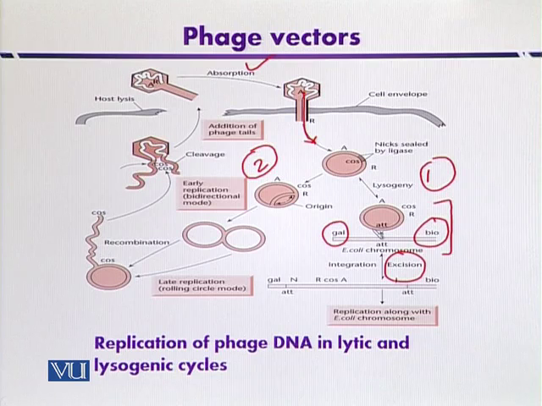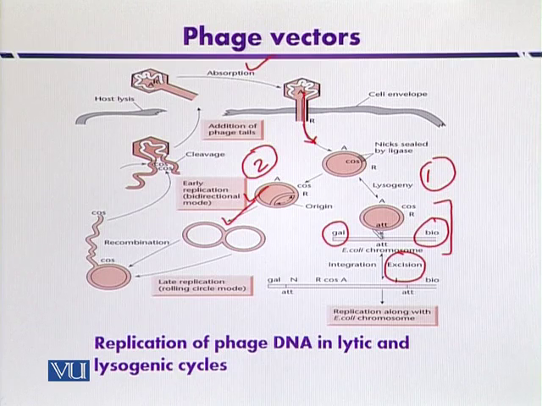Another possibility is that it will enter into the lytic phase, where it will replicate independently by using the rolling circle model of DNA replication. So a number of copies are produced here, and since the copies are connected with each other, the DNA may be called concatameric DNA, separated by cos sites.